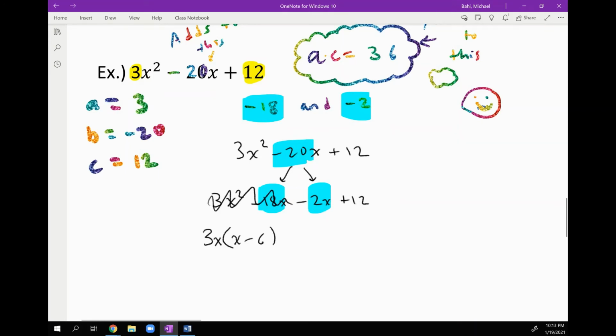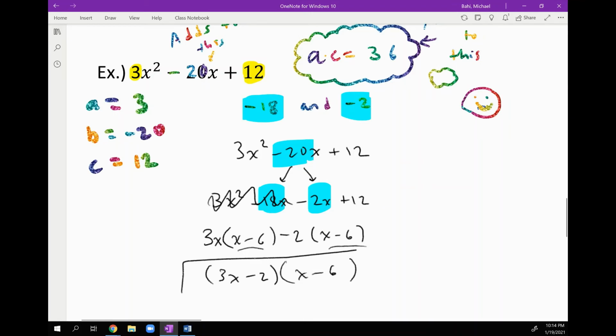Factoring the second half, we get negative 2, and then we're left with x minus 6. Our parentheses match. That means we did it properly or correctly. Your math teacher will be very proud. I know mine is. And then we put the remainders there, and there's your factored form of the original problem.